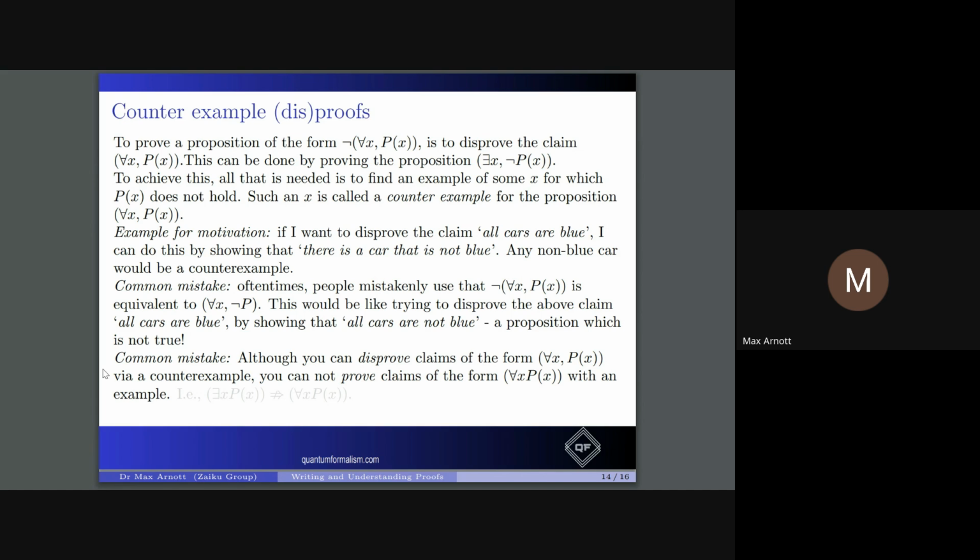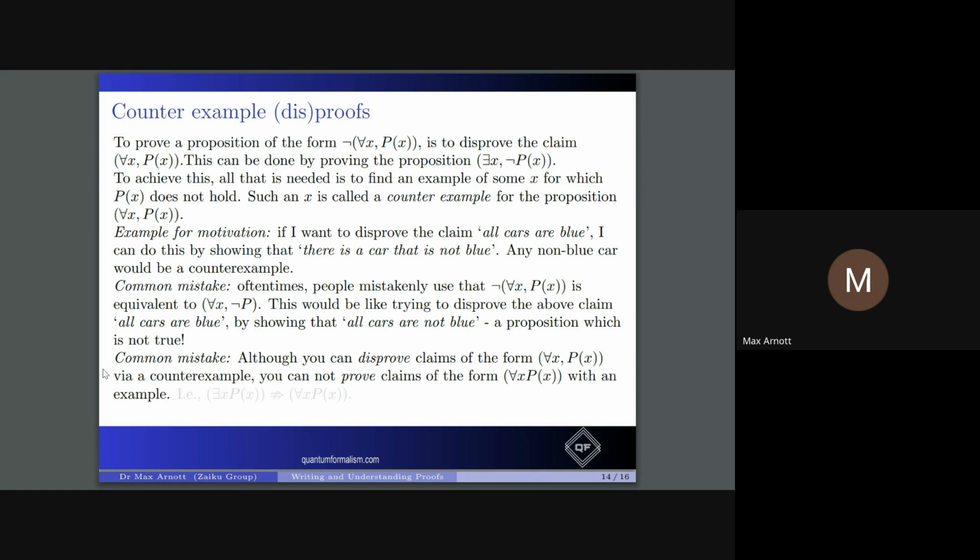So for example, if I left an exercise which said, prove that if I've got a 2 by 2 matrix ABCD and it's invertible, then AD minus BC is not equal to 0. The determinant is not 0.